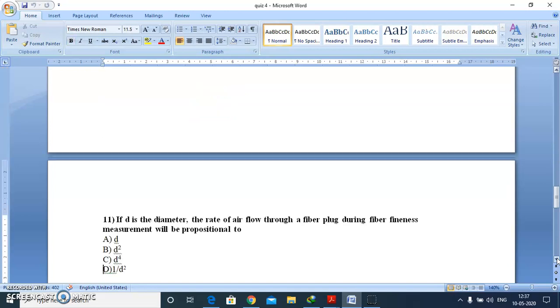Now the next question is, if D is the diameter, the rate of airflow through a fiber plug during fiber fineness measurement.